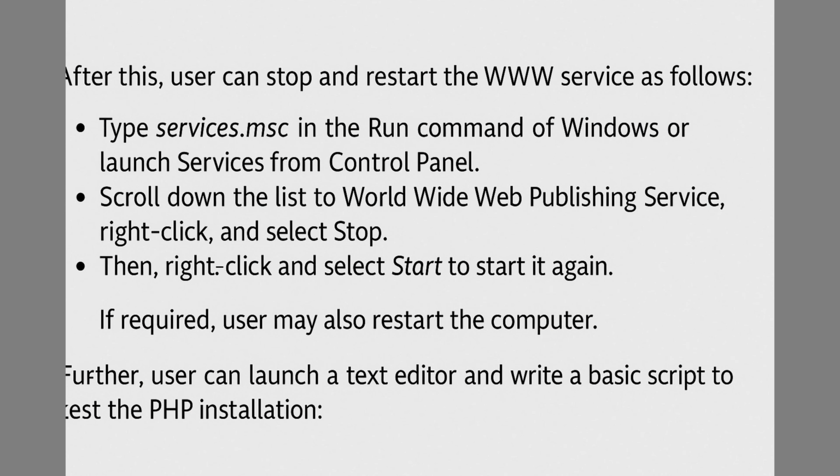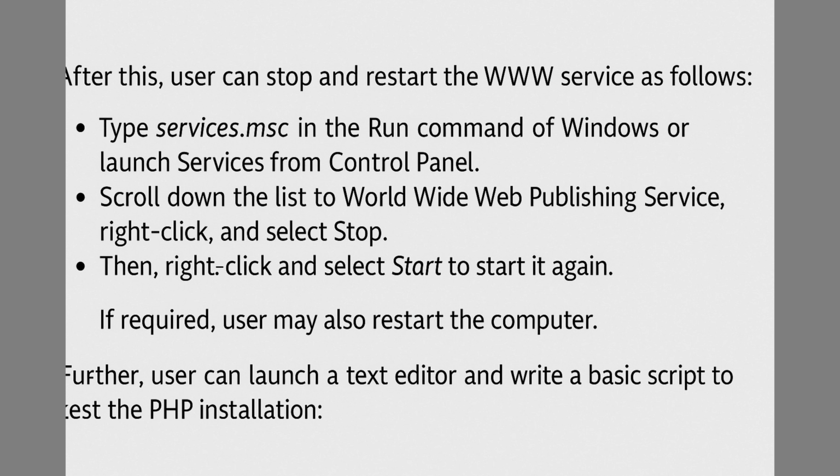After completing the configuration changes in the Apache files, the next step is to restart the World Wide Web service, also known as the www service. To do this, type services.msc in the Run command box of Windows, or open the Services panel from the Control Panel. Once the Services window opens, scroll down the list until you find World Wide Web Publishing Service.